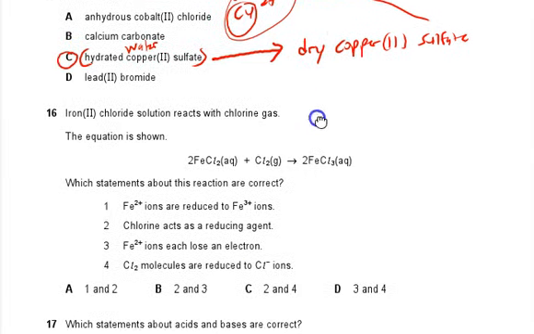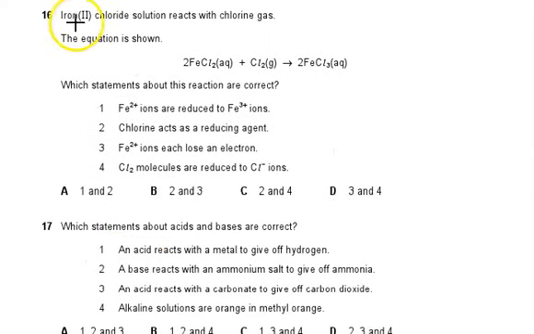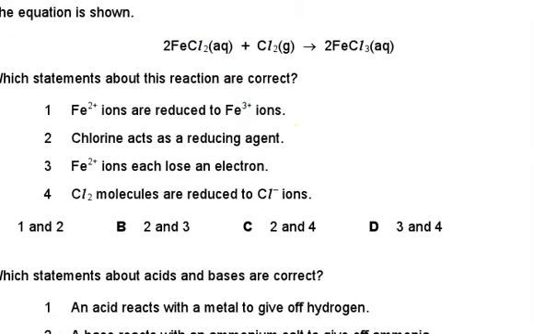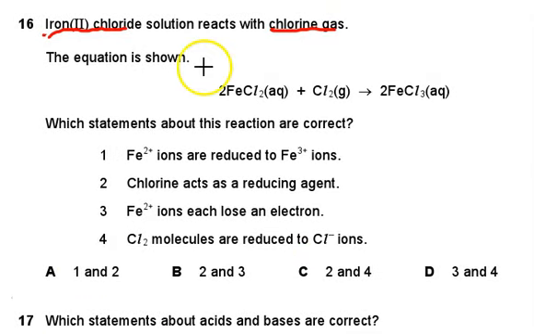Now let us look at number 16. Iron(II) chloride solution reacts with chlorine gas. The equation shows as here, so let me make it bigger. Now which statement about this reaction is correct?